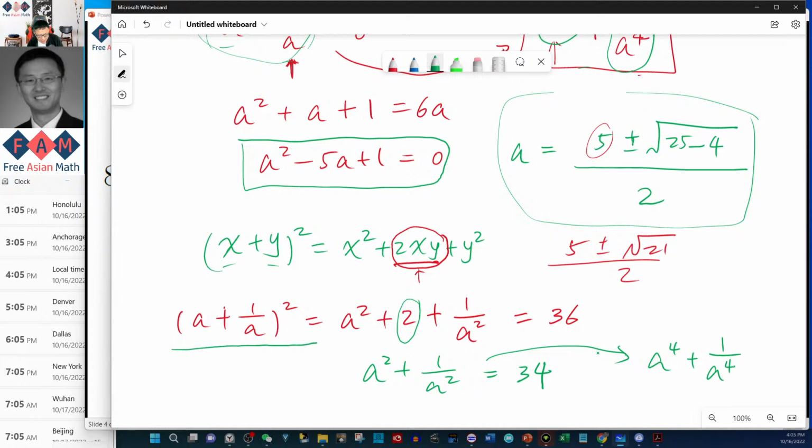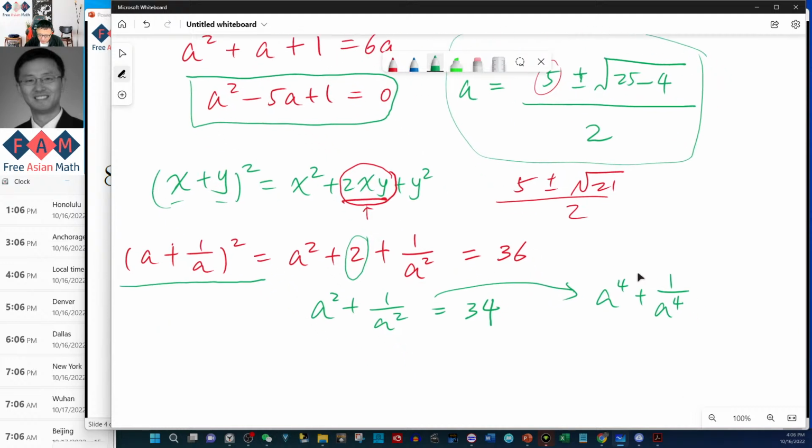How do we go from a number plus its reciprocal to the square of that number plus the reciprocal's square? That's what we actually need to do. So essentially the same procedure, just one more time. Of course, the sum is different.